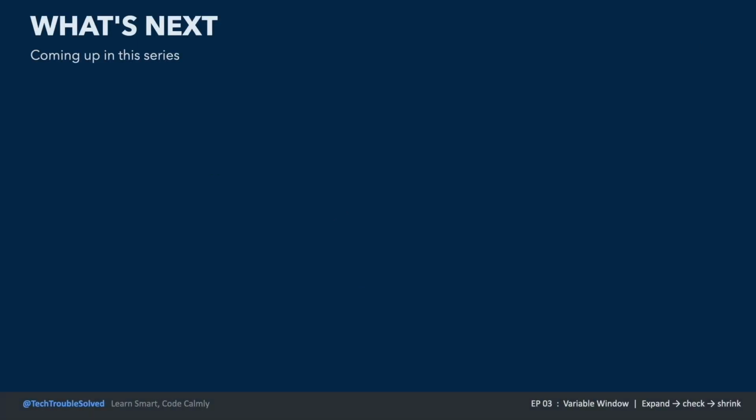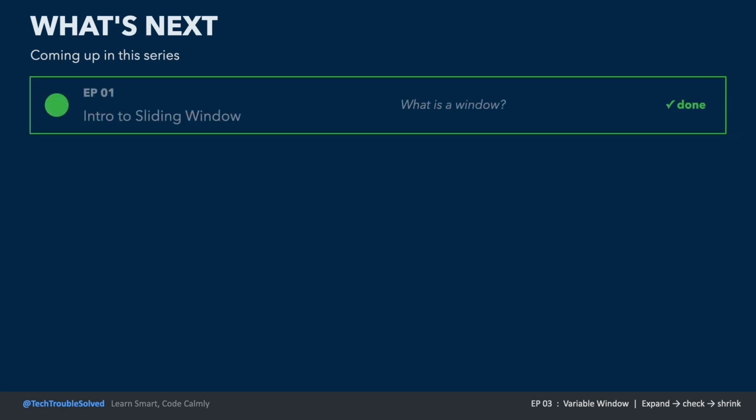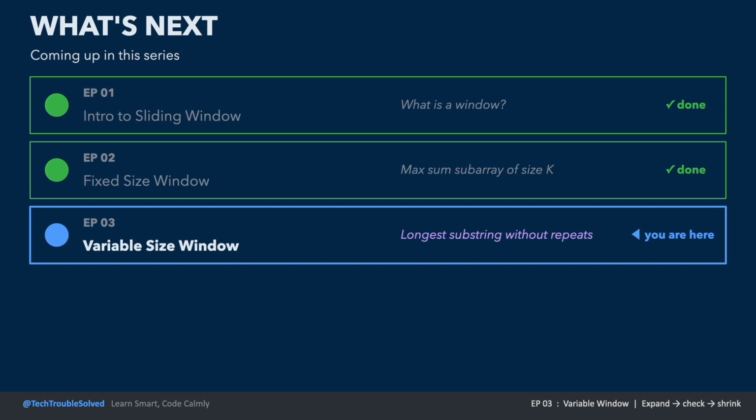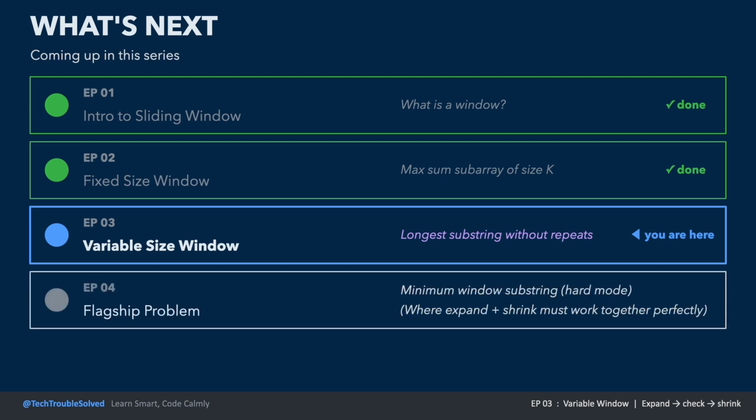Quick look at where we are in the series. Episode 1, what is a sliding window? Done. Episode 2, fixed size window, max sum subarray. Done. Episode 3, variable size window, longest no repeat substring. You are here. Episode 4, minimum window substring, the hard one. Episode 4 is a LeetCode hard.